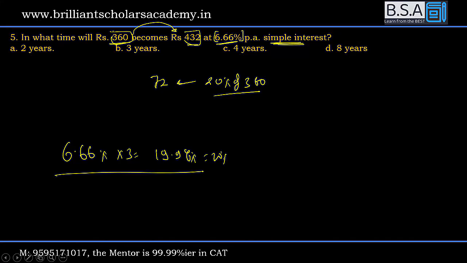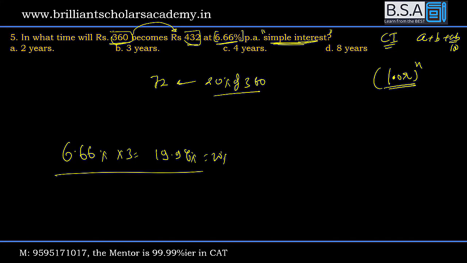That is what I am saying. You think more and more like percentage change or percentage values when it comes to simple interest. When it comes to compounding, you think more and more in terms of successive changes. You are basically saying there is a growth of 72 rupees, which is basically 20% growth.